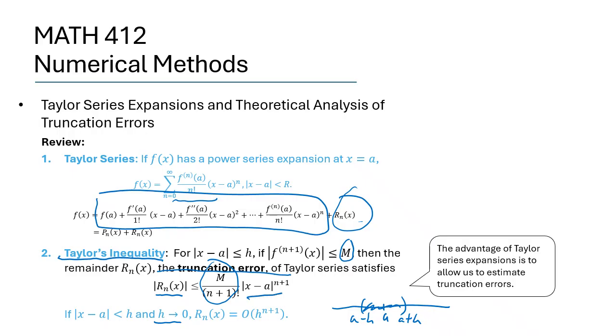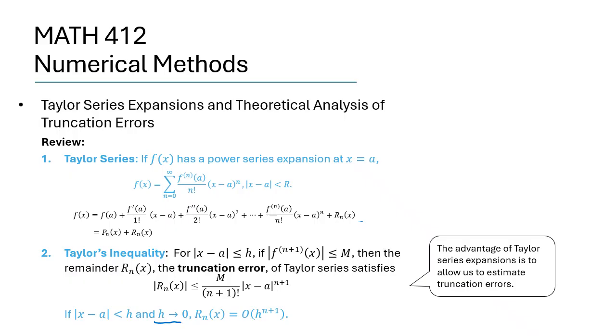So we say this is big O of h raised to the power n plus 1. That's the review of Taylor series expansion and Taylor's inequality.